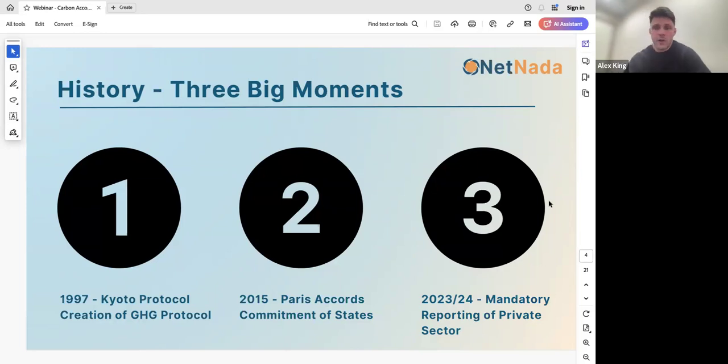The UK government, the EU has been far ahead for many years, but Australia has as well brought into law our mandatory reporting requirements, which will kick off from January 1st, 2025. So it's gone from, we know it's bad, not sure what to do, to, okay, let's make a commitment, to now it is becoming law. And this is why it's more and more of a ripple effect across all industries and expectations.